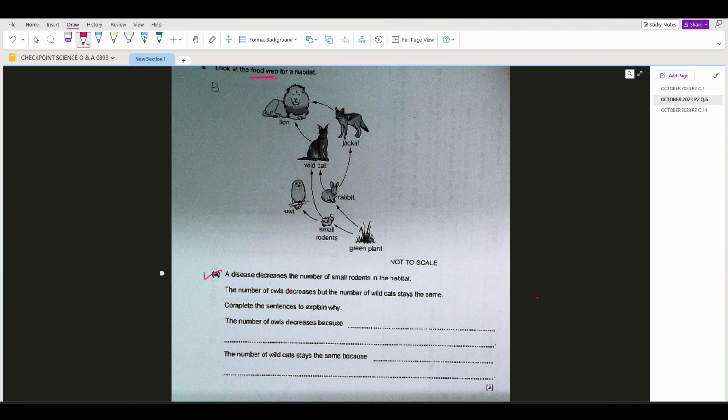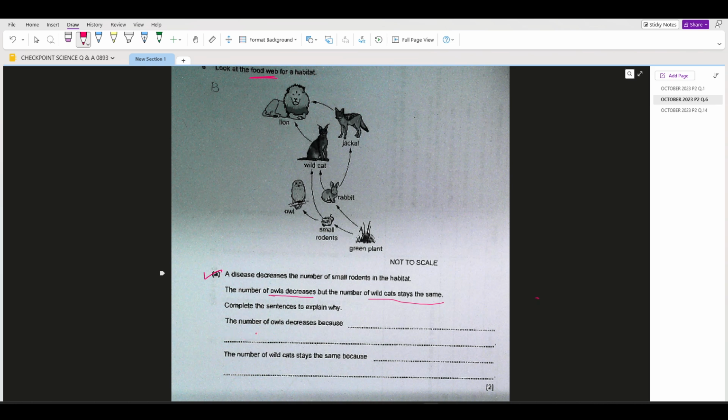Now when the number of rodents is reduced, the number of owls decreases, but the number of wildcats stays the same. We have to answer what is the reason for this. Complete the sentence and explain why this is happening.